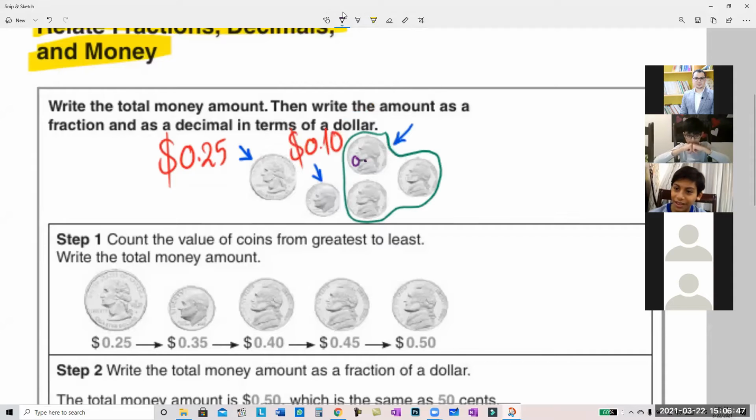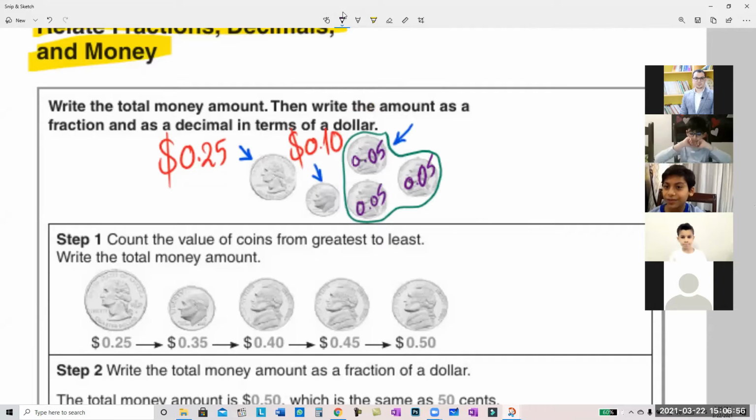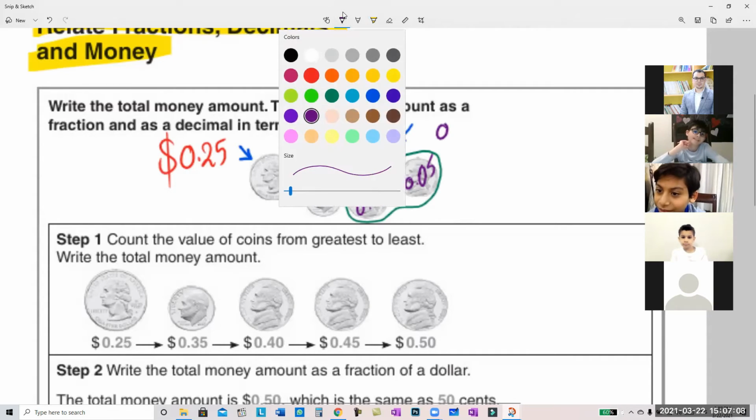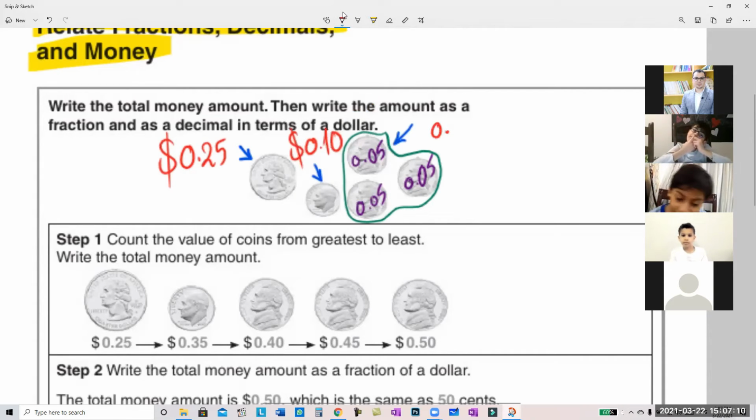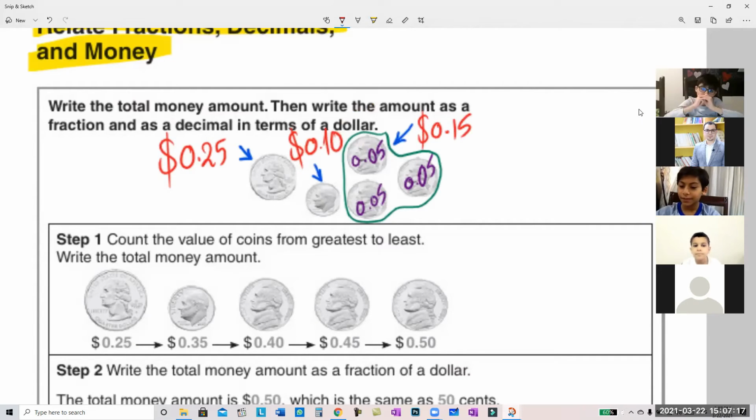Each one equals $0.05, 0.05 and 0.05. Okay, so in total, the 3 nickels equal what? 0.15. Excellent, 0.15 of a dollar.